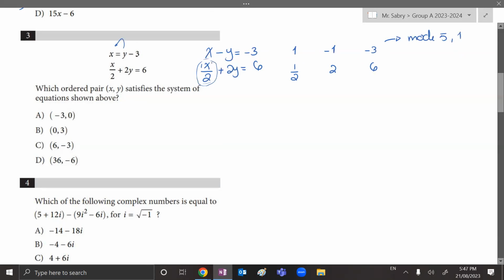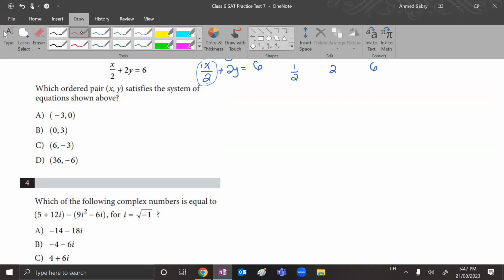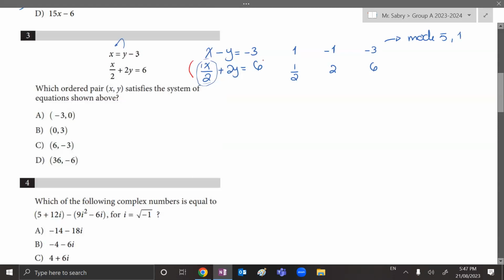The non-calculator method, I will need to make either the x's or the y's with the same coefficient. So I'll multiply the bottom one by 2. If I multiplied everything down here by 2, both of those equations will have x with a coefficient of 1.